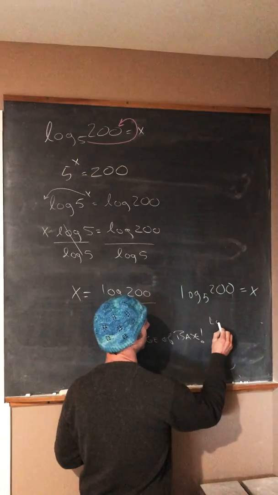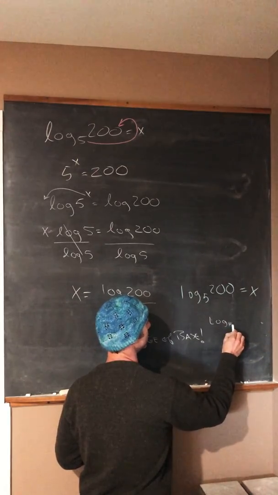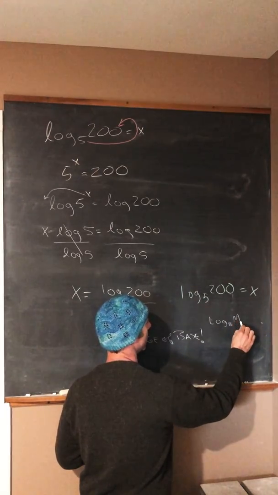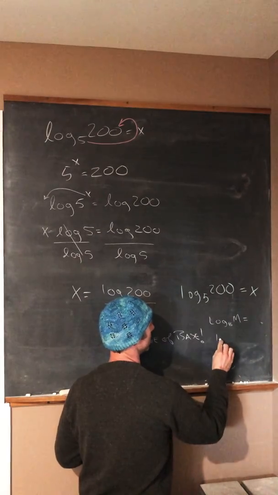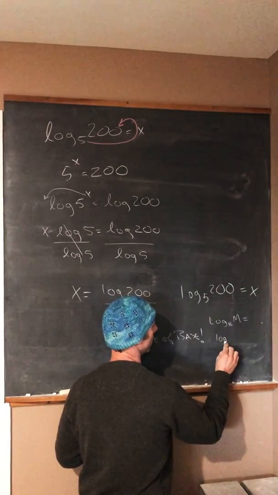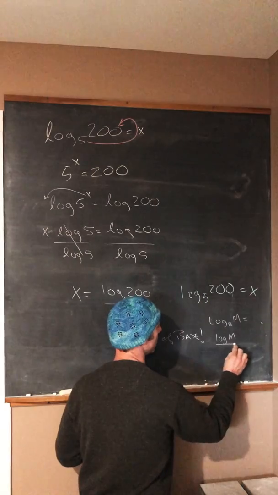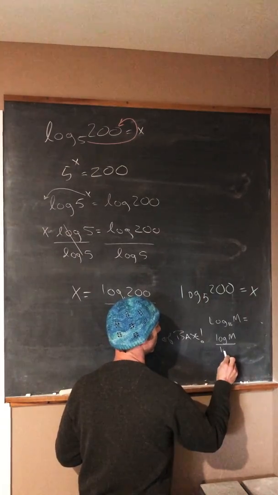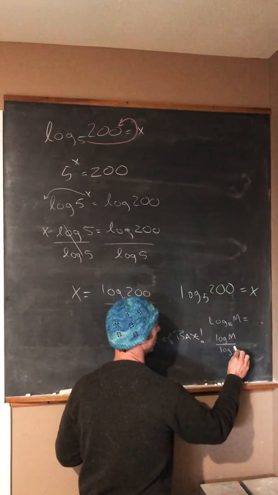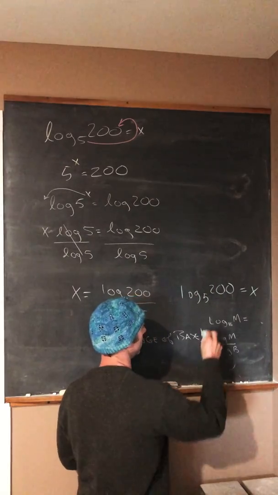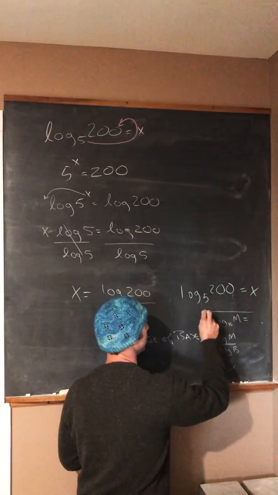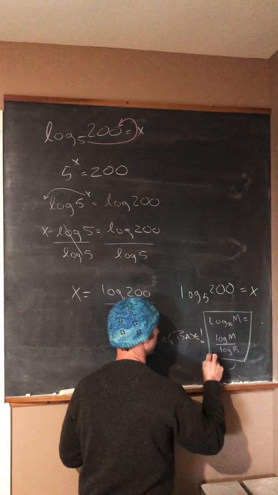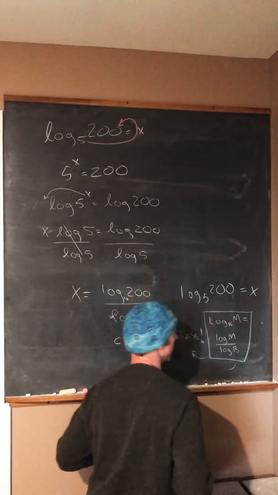Let's see. Log base b of m is log m over log b. So that's the change of base formula.